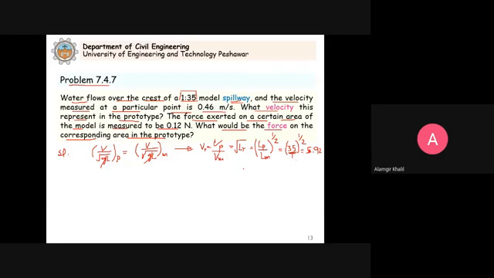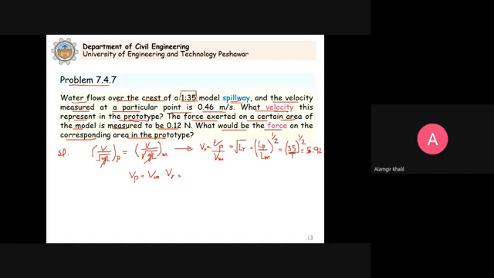Now it is asked to calculate the velocity in the prototype. Since we have the velocity scale ratio, we can easily calculate. So Vp will be equal to Vr into Vm.